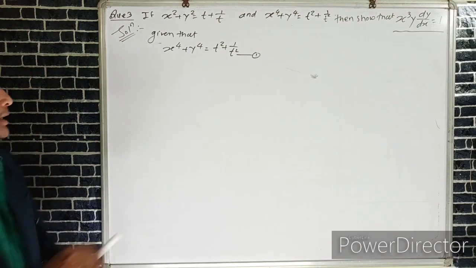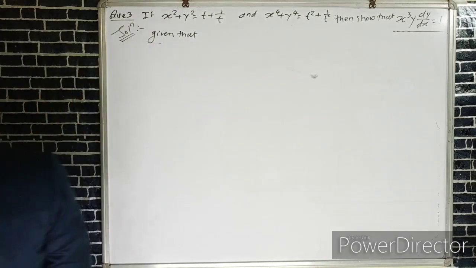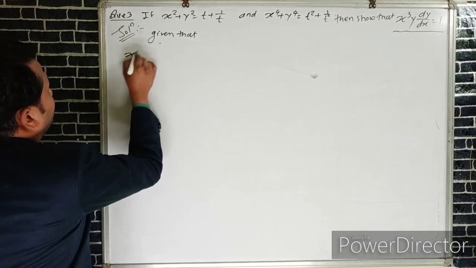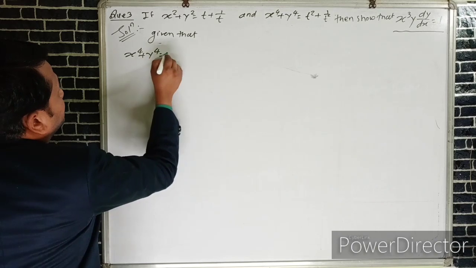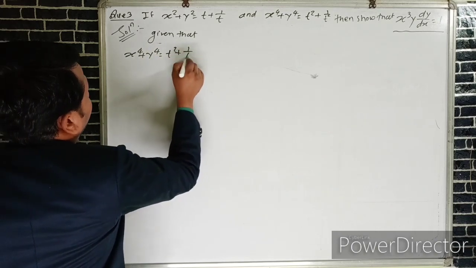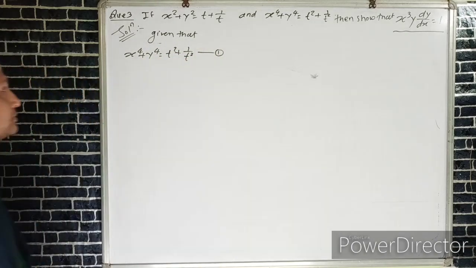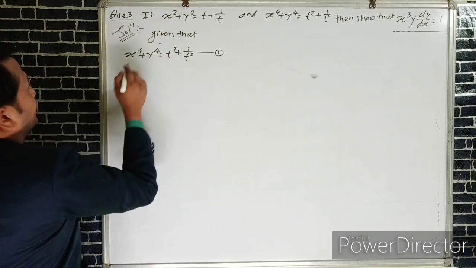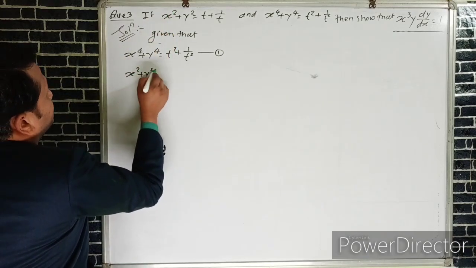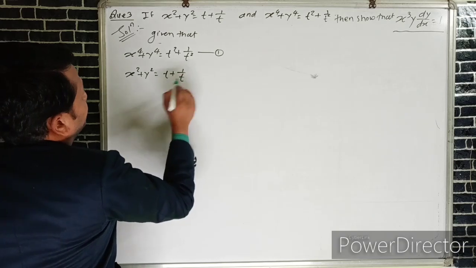Secondly, again given that x square plus y square is equal to t plus 1 by t, equation number 2.